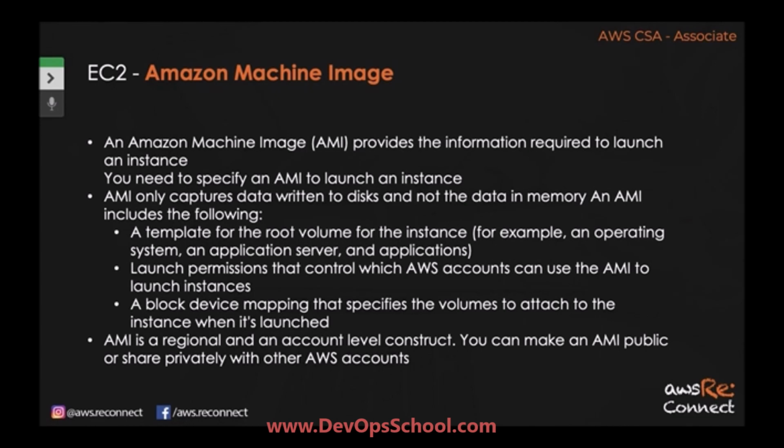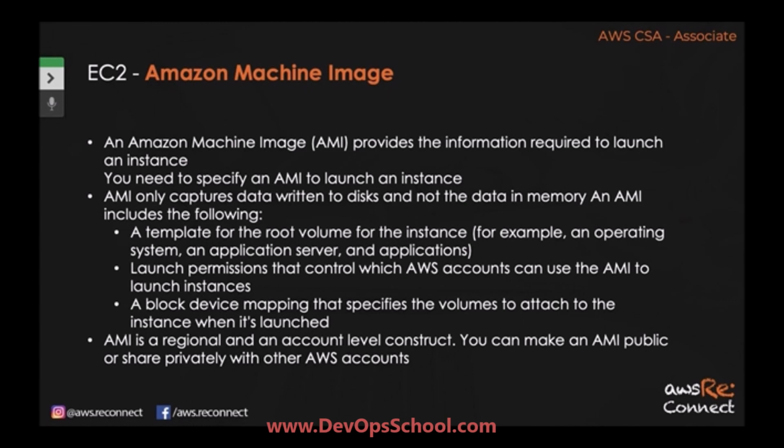So you can create your own AMI. What will be the benefit of creating your own AMI? For example, today I have created an Amazon EC2 machine with a configuration of Ubuntu server, which includes an Apache server with some of my data. Out of this configuration and everything including the data, I have created an AMI.